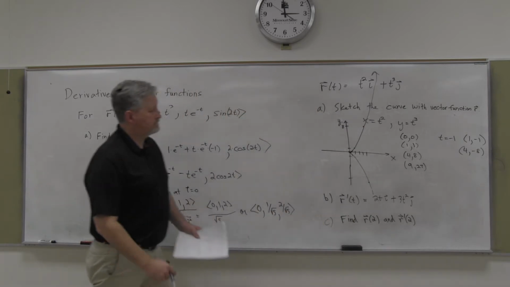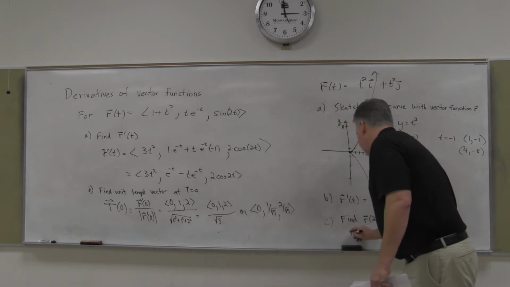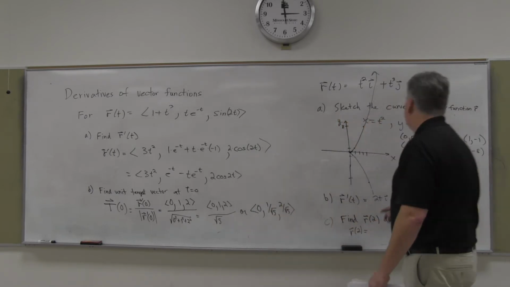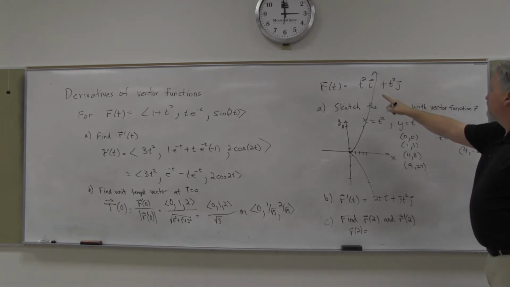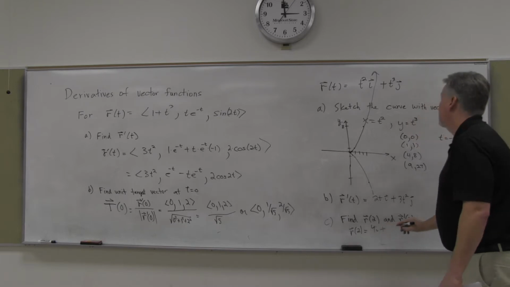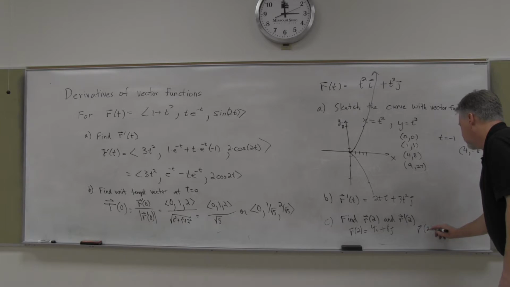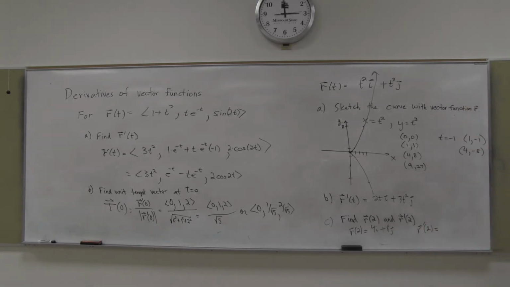Let's find those two. So r of 2, that's just the vector function evaluated at 2, so that would be 4i plus 8j. And then r prime of 2 is 4i plus 3 times 4, 12j. Is that right? Yeah, 12j.